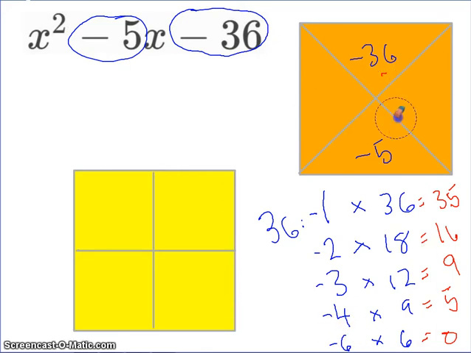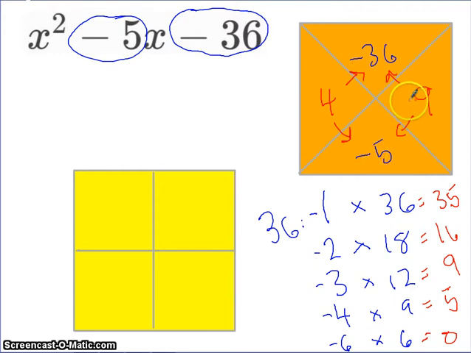So I know that the two factors that I want to use are this pair here, 4 and 9. And I just need to decide which one of those two is going to be negative. When I multiply them, they multiply to make negative 36, so one of them has to be negative, but I don't know which one. The negative in the 5 tells me which one needs to be negative.